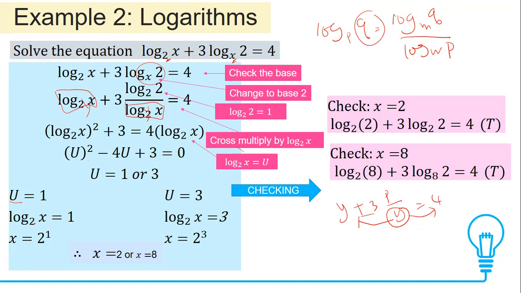What is your u? u is log 2x. When it equals 1, my x is 2. The other answer is u equals 3, so log 2x equals 3, so my x is 2 to the power of 3, which is 8. Again, we need to check our answer. Both are true, so my final answer is x equals 2 or x equals 8.